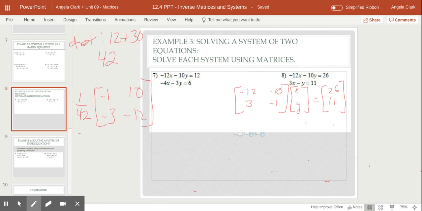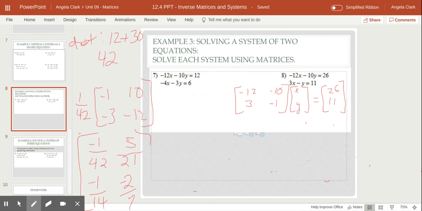And then distributing that 1/42, so I have -1/42, 5/21, -1/14, and -2/7.